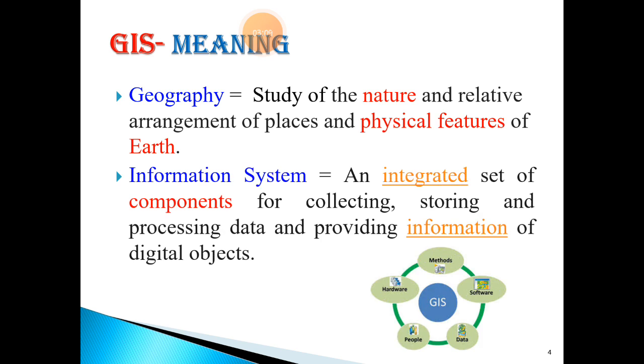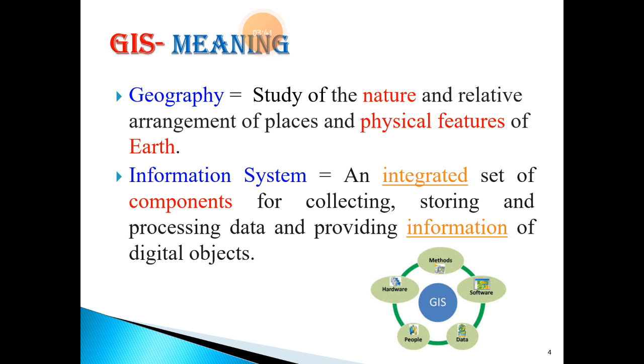The term geography refers to the study of nature and features of the earth and their relative changes, whereas the term information system refers to a set or a group of parts of a computer system which is involved in the collection of data, storing of data, and processing of data into useful information.